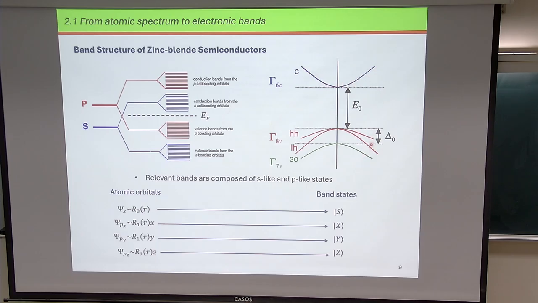You have two bands: one is the heavy hole band, HH, the other is called the light hole band, and then you have a spin-orbit split band, which is the green one. There are of course more bands, but these are the most relevant for what I'm going to talk about today.